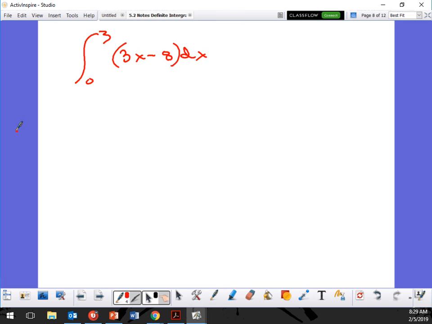Negative 10.5. I don't know. Haven't done it yet.